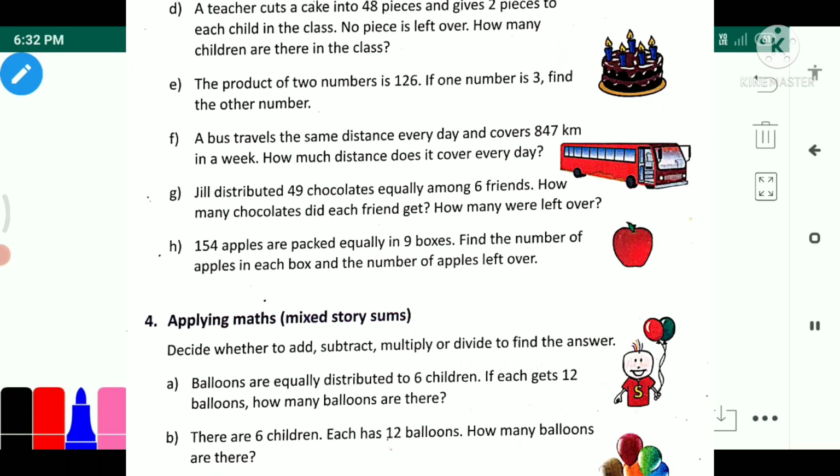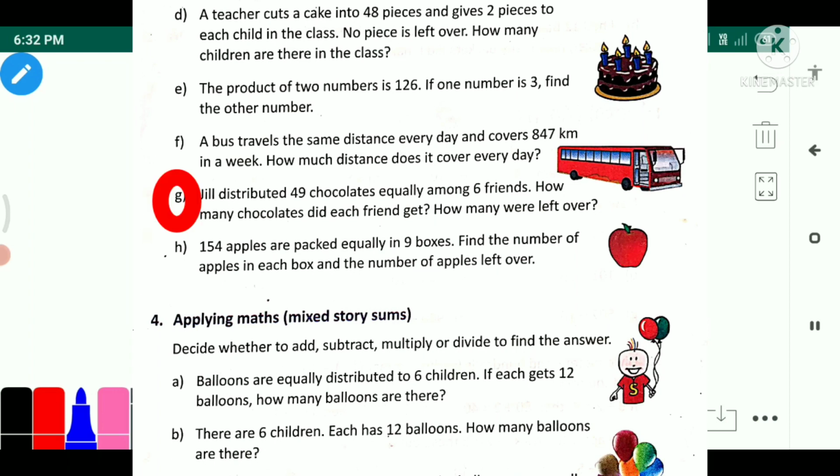Okay, now see G part. Jill distributed 48 chocolates equally among 6 friends. How many chocolates did each friend get? How many were left over? So this one, I think you can do this one. So total 48 chocolates are there, and Jill distributed it among 6 friends.